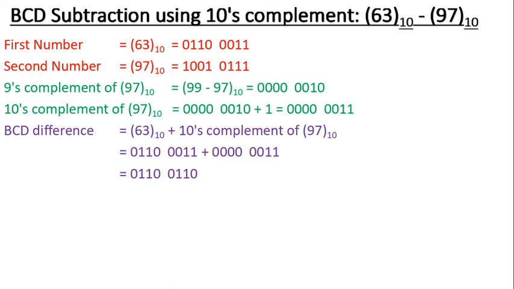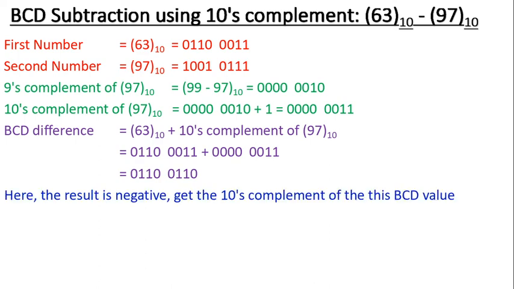Rather, put up one note here that the result is negative, and hence get the 10's complement of this particular BCD value. We are subtracting a larger number from a smaller number, so the result is negative. Whatever BCD difference we obtained in the earlier step, we have to take its 10's complement so that we will get the actual decimal value of the result.